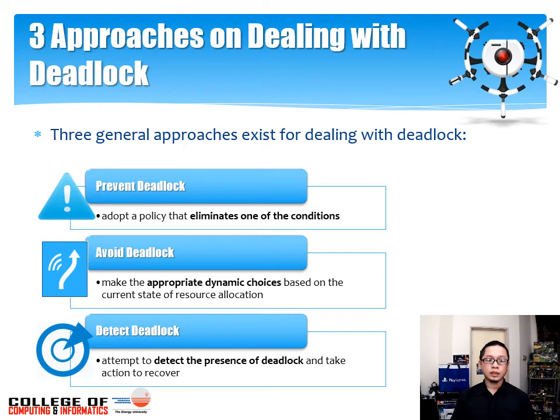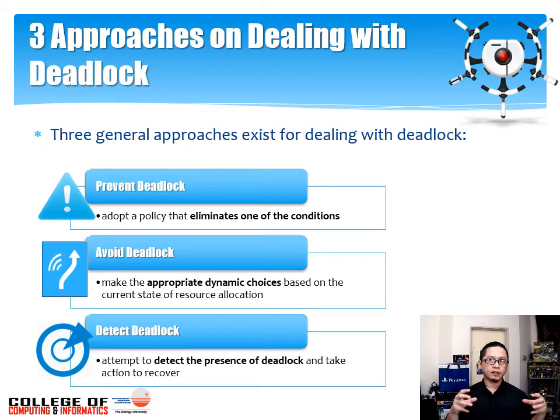So in order to deal with deadlock, there are three general approaches to help control deadlock from occurring in your system. There are the prevention method, the avoidance method, and the detection method. Prevention is adopting a policy to eliminate one of the four conditions which contribute to a deadlock happening. Avoiding deadlock means making appropriate dynamic choices based on the current state of the resources that are available.